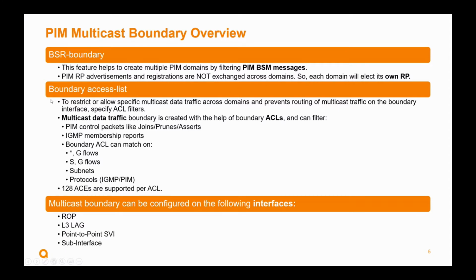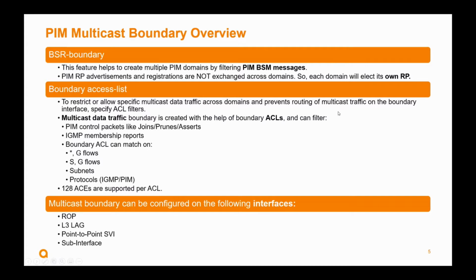And then with boundary access lists, okay, so they don't know about each other's rendezvous points, and what streams of multicast we want to make available, that's where the boundary access list kicks in for us to restrict or allow specific multicast data traffic across the domains, right?